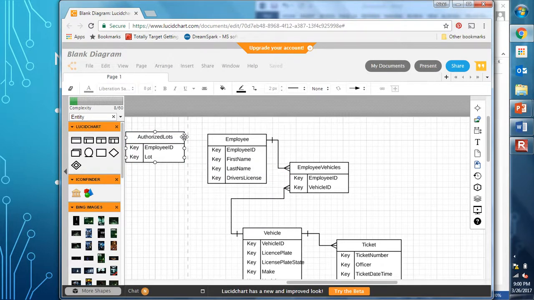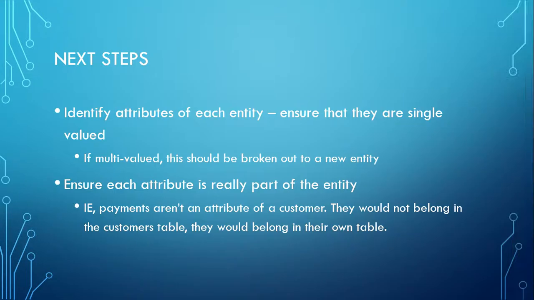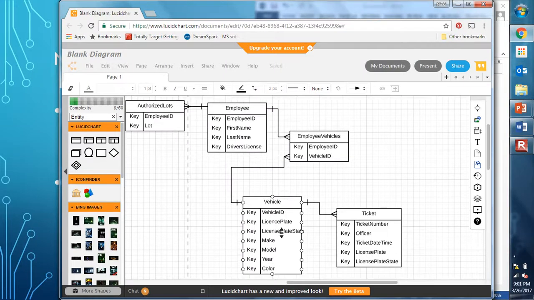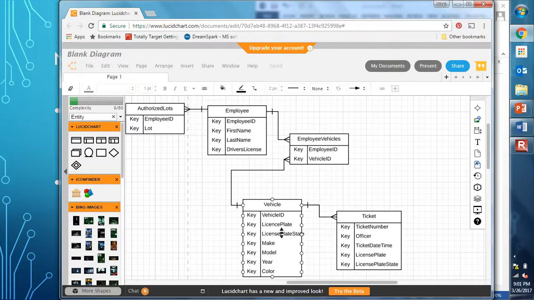So now my relationship here is one employee can have multiple lots they're authorized to park in. So I'm going to flip this around. And one record here belongs to only one employee. Okay. And then we want to make sure that each attribute is really part of the entity. So when we set this up, I think we did a pretty good job of that.